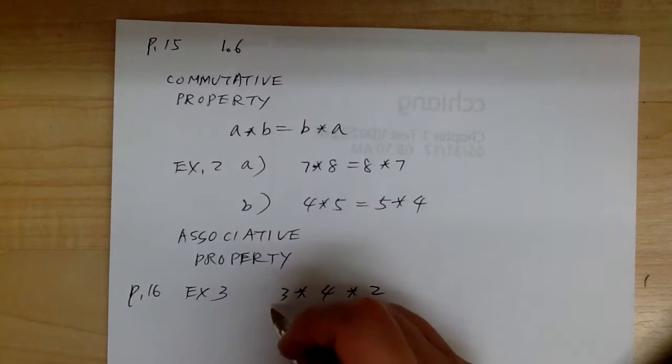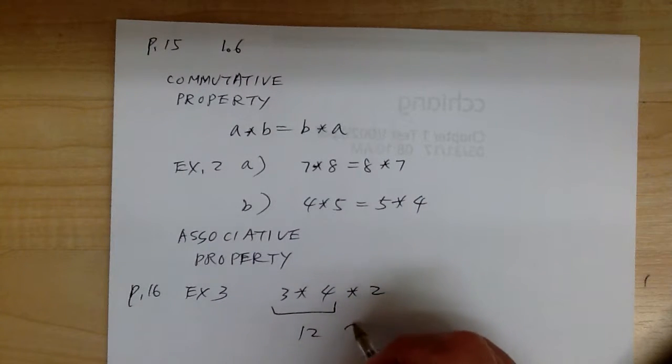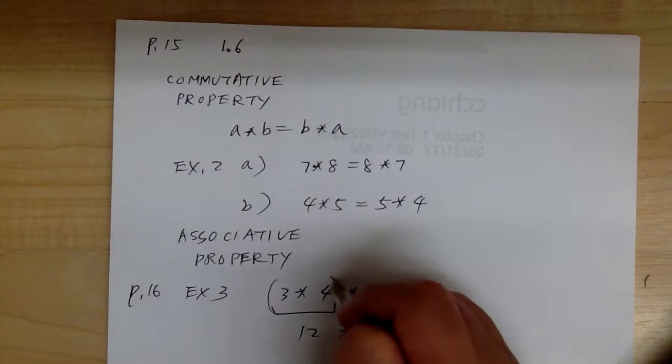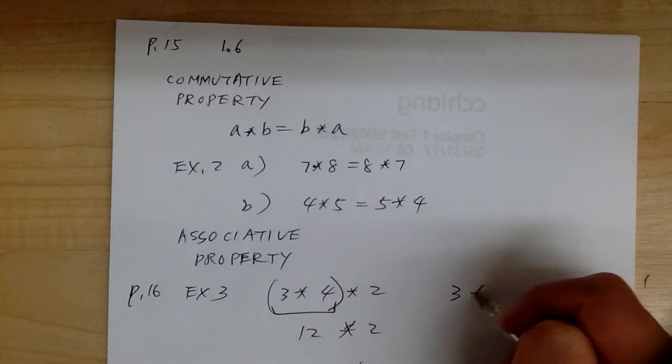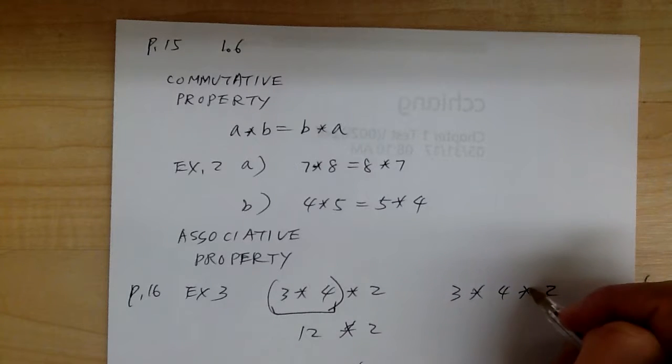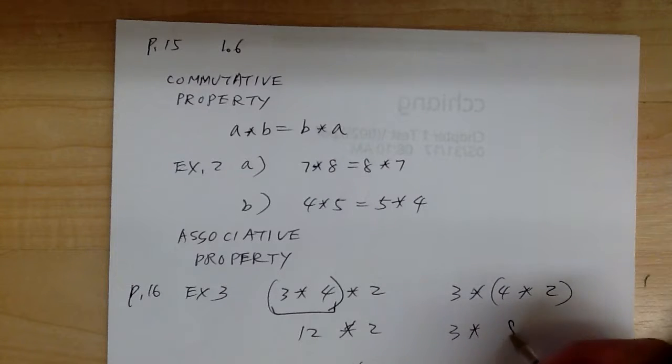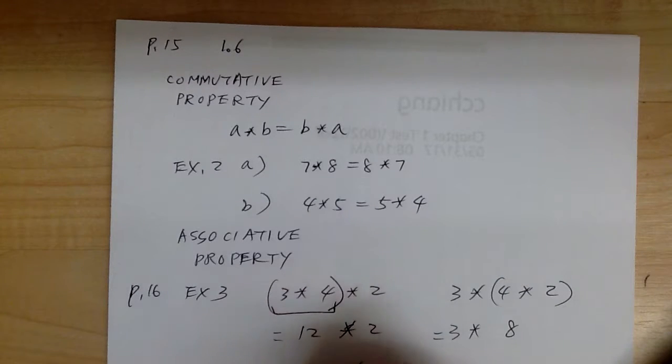Now you can multiply this first to make it into 12 and then multiply after that. Or you can multiply the ends first. So it becomes 3 times 8 and you get 24. So the same thing.